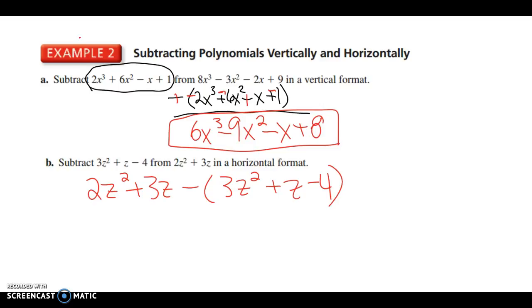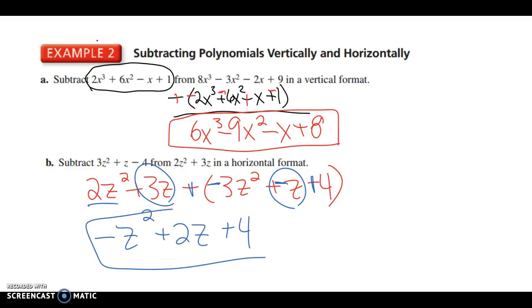So when I combine like terms here, I've got 2z squared minus 3z squared. So maybe change your signs here. So you'd get negative z squared. Then we have 3z and negative z, so plus 2z. Then we have just 4. So there's my answer for part B in example 2.